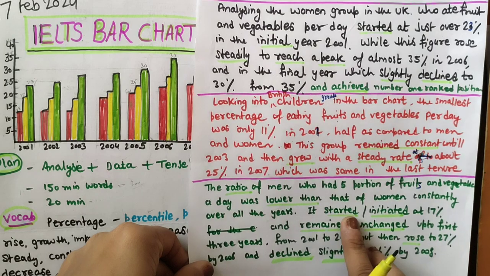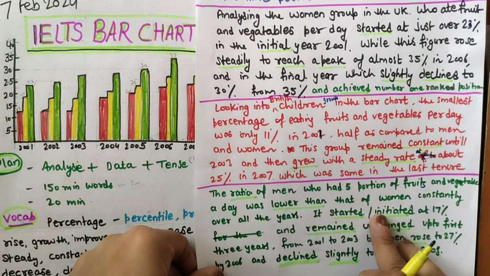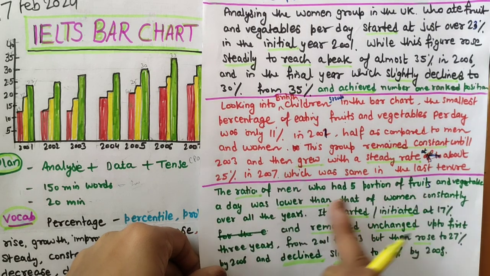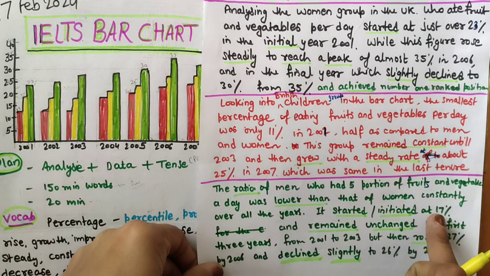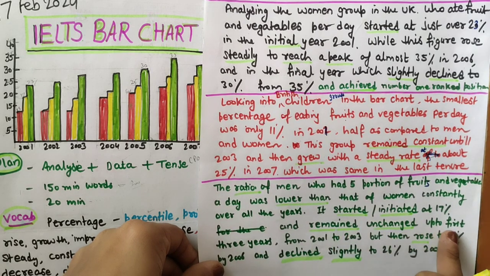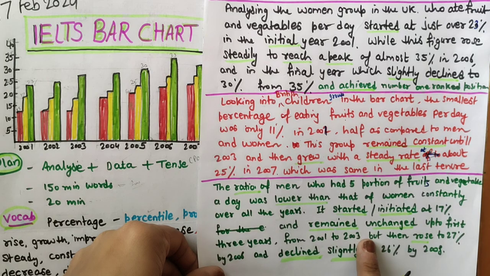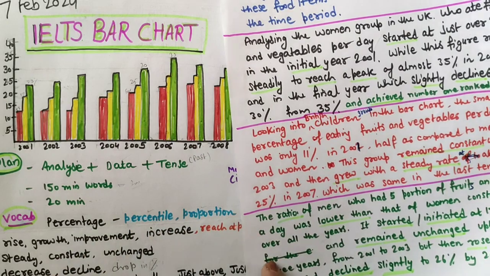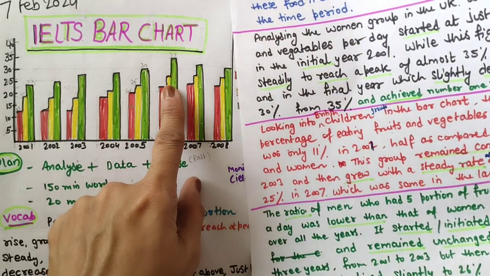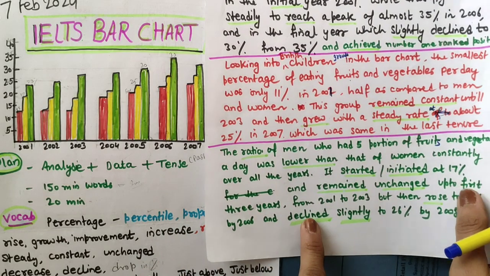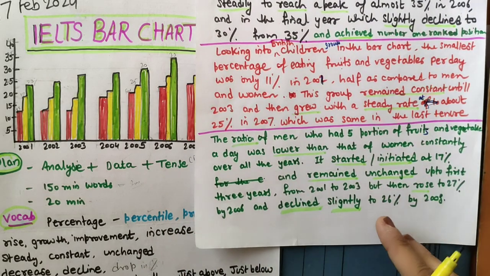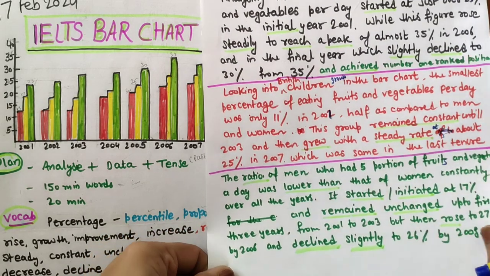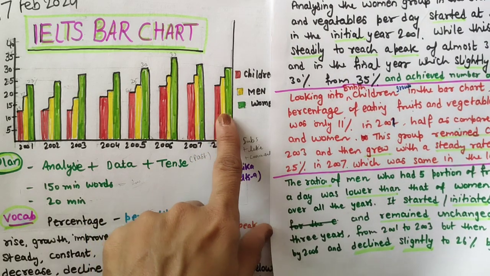It started at 17% and remained unchanged for the first 3 years from 2001 to 2003, but then rose to 27% in 2006. See this, 27% in 2006, and declined slightly to 26% by 2008. See this, it slightly declined in 2008.